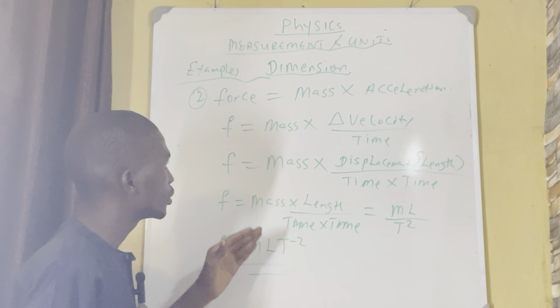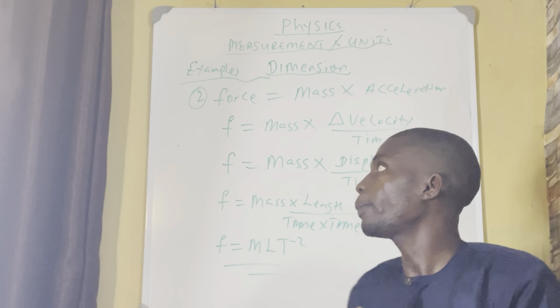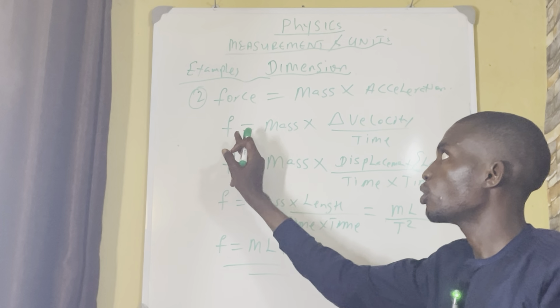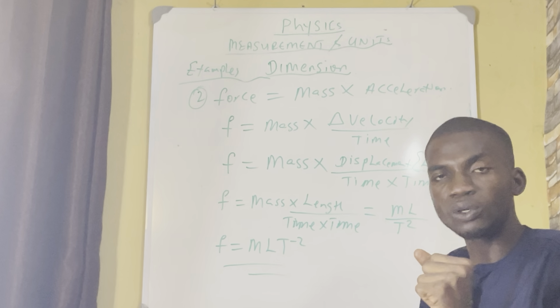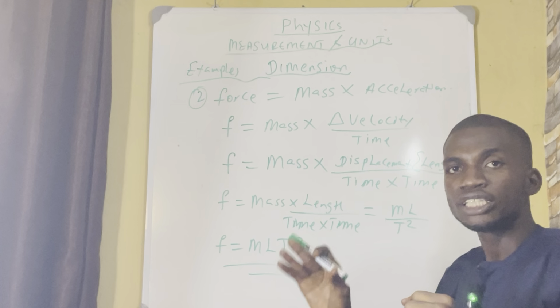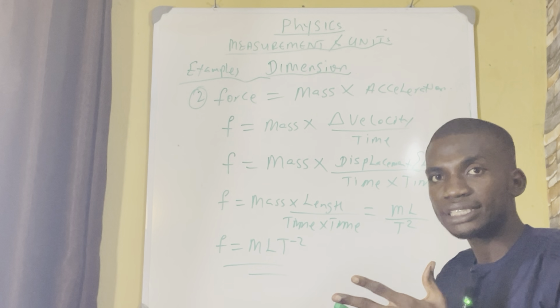So dimension is all about changing the whole formula of that quantity until you get length, mass, and time.